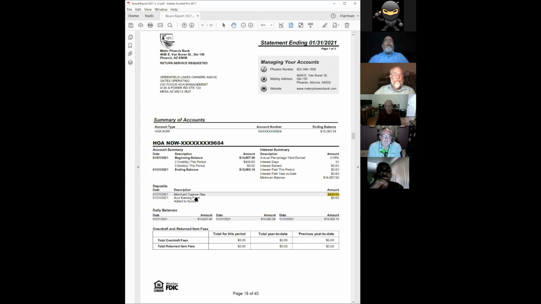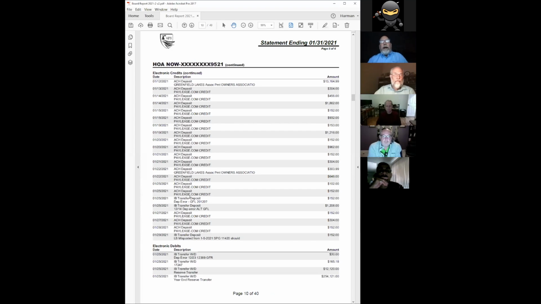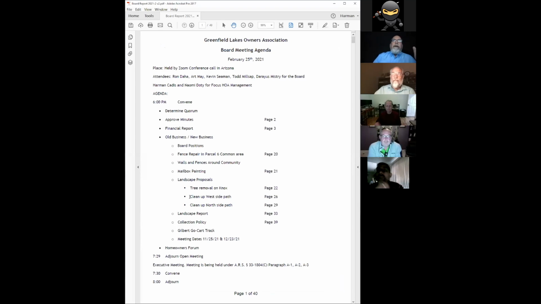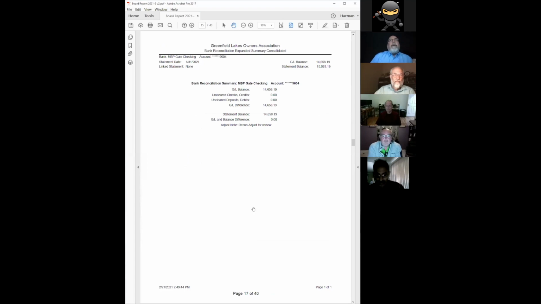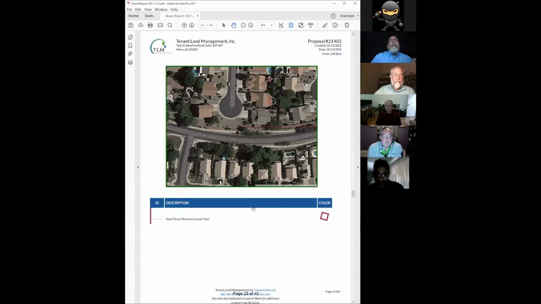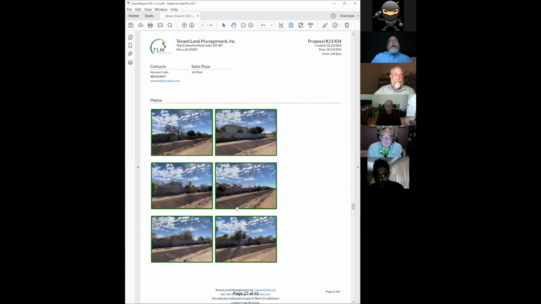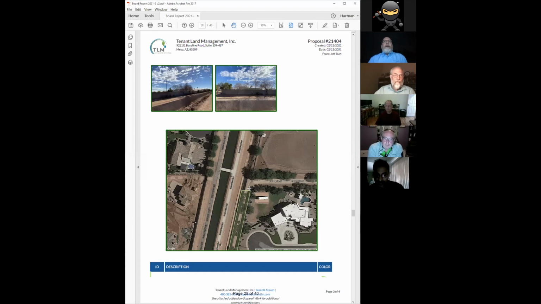We have two proposals for cleanup. The west side canal, horse path or canal, and then the north side horse path. So if I bring up a map, this is these pictures, it's the strip between the wall and the path that is HOA. There's dead trees and dead bushes.